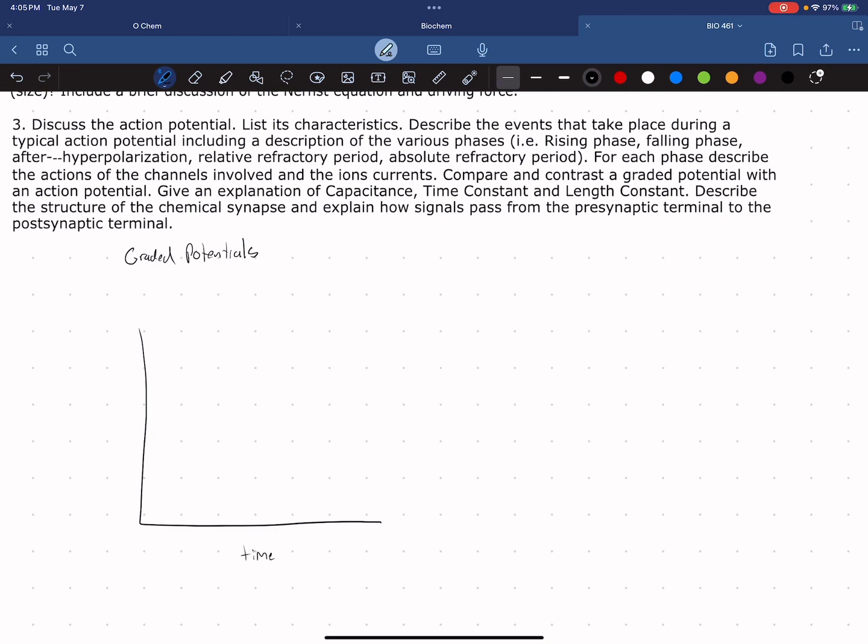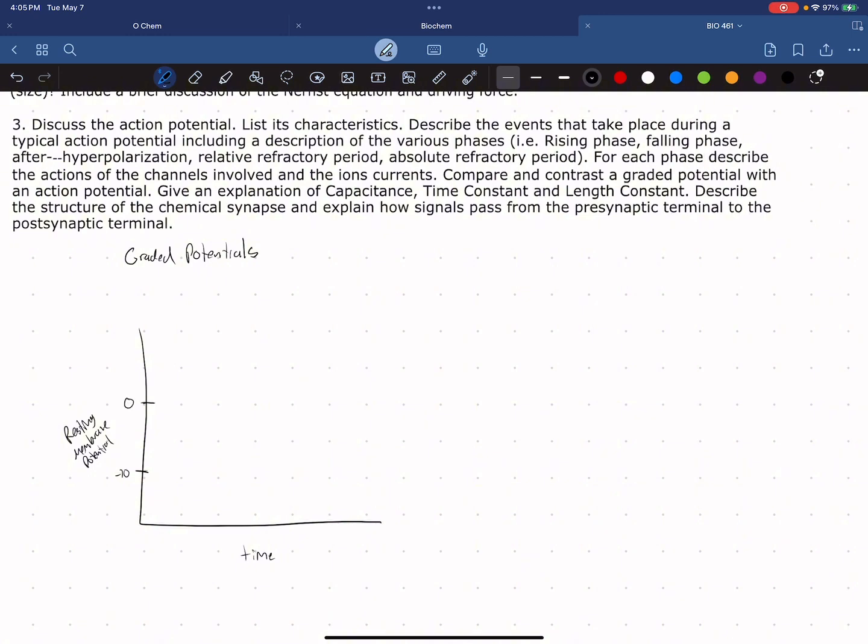So, on the x-axis, we have time, and here we have the resting membrane potential. So we know that the resting membrane potential of a neuron is here around negative 70, and we will put 0 up here.